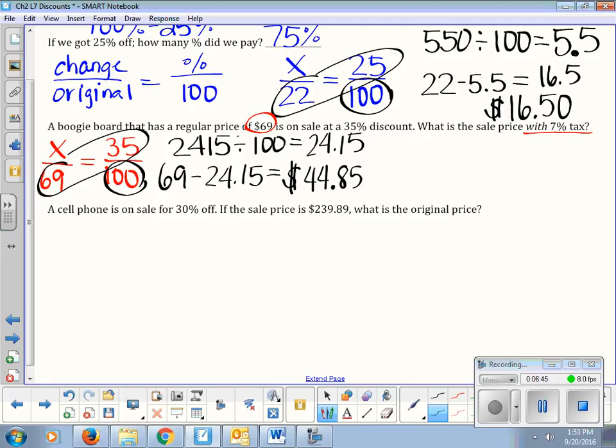So now we're going to find a 7% sales tax from this as our starting amount. So we have to set up our proportion again. Our original price we're starting with is $44.85. And how do we write 7% as a fraction? 7 over 100, and we fill in our value with x.